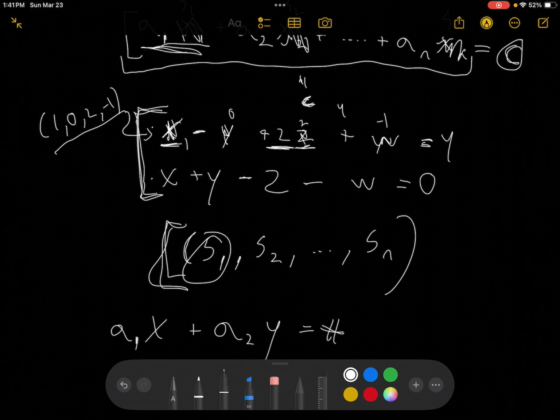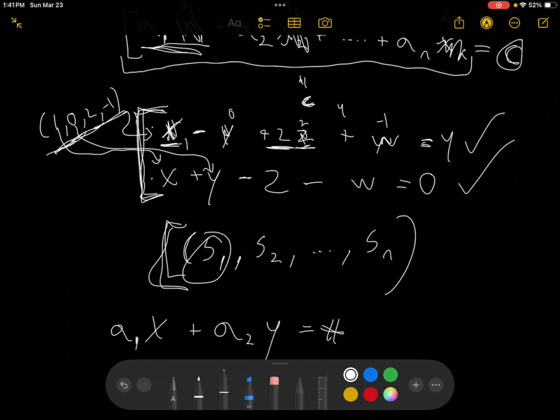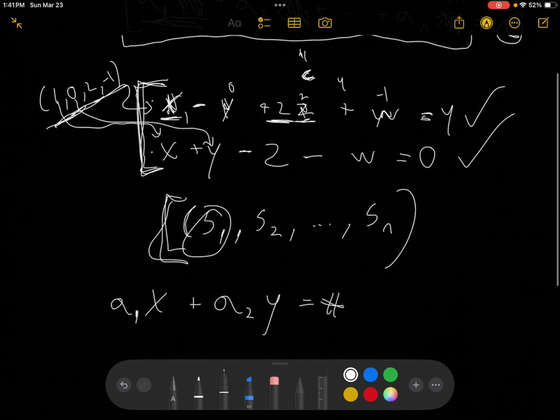Thus, this right here is a solution to this linear equation. And something like this is considered a solution to an entire linear system if, when you plug these same numbers into every equation, all of the equations in the linear system are satisfied.